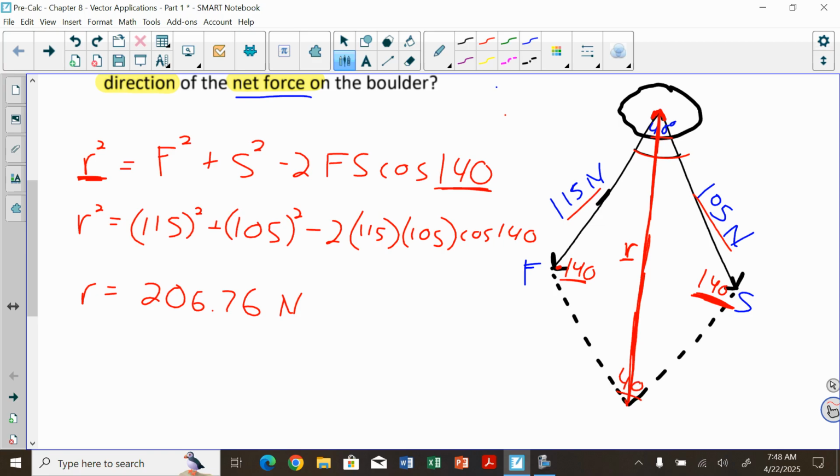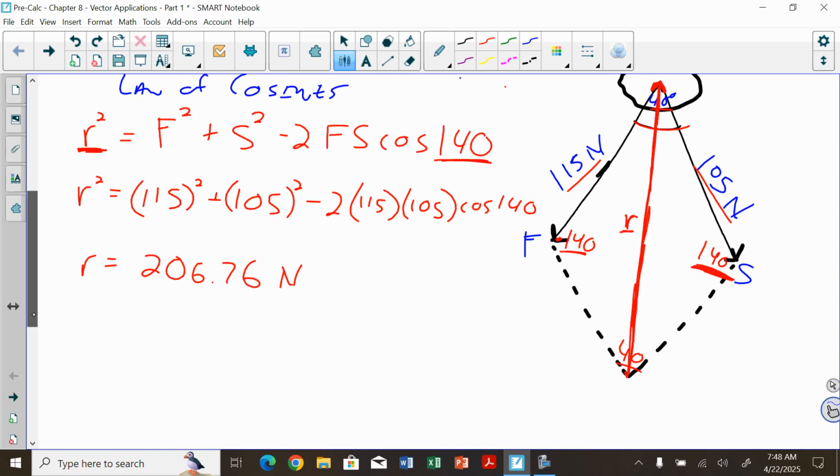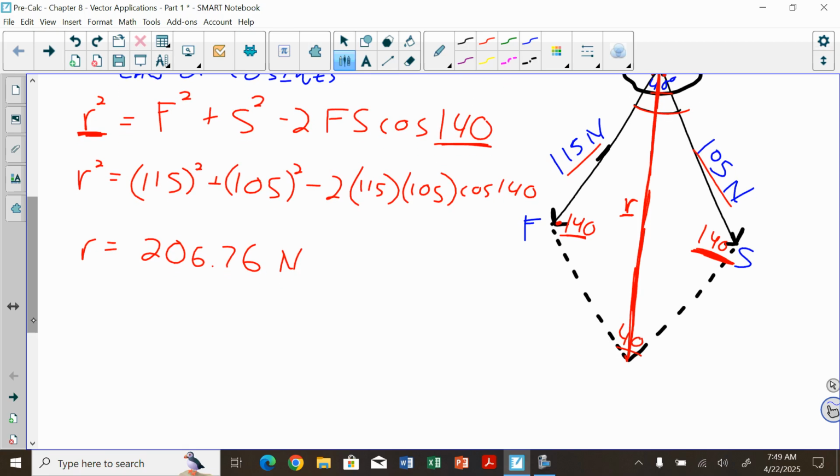All right, now here's where I really don't like the problem, if you didn't like it already. When we talk about the direction, it doesn't tell us which angle we're looking for. Remember, direction is going to be an angle measure. So here we used law of cosines, but now we can use law of sines because now we have an extra measurement.